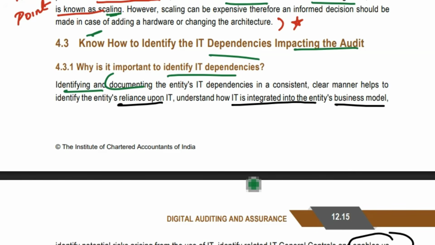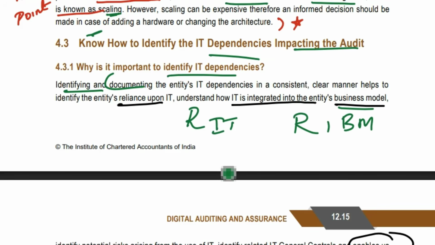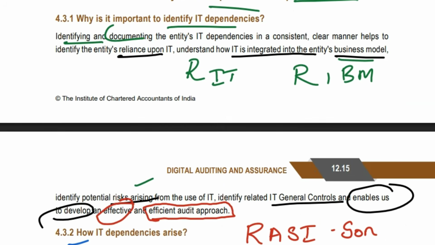Because it helps you understand how much reliance we are placing on the IT, how the IT system is integrated into the business model. So remember the reliance and the business model. And what is the risk arising from it, to understand the risk arising from it, and also to identify the related IT general controls.